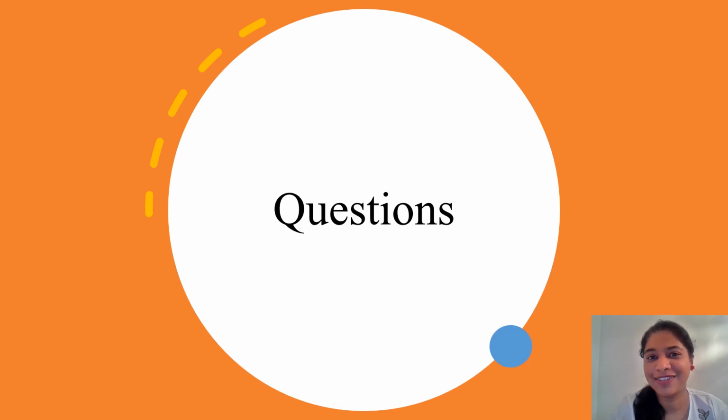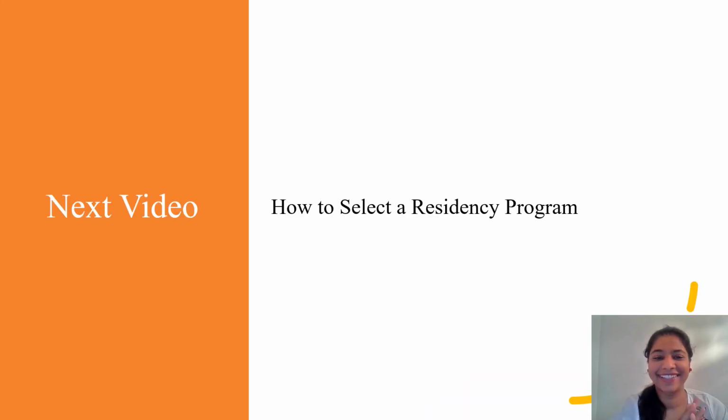That brings us to our next topic: how to select a residency program. We spoke about the limited dental license in our last video, which lets you practice with a limited dental license. Today's video was about ADEA PASS and how to prepare your application. But the next question is how to select a residency program.